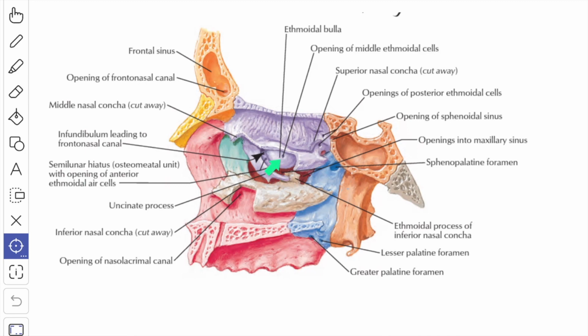The bulla ethmoidalis is a bony bulging containing the middle ethmoidal air sinuses, which open into the middle meatus on or above the bulla. The hiatus semilunaris is a crescentic space between the bulla, which is above and behind, and in front and below the uncinate process of the ethmoid bone.